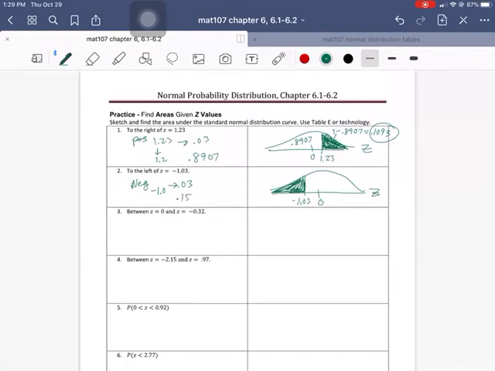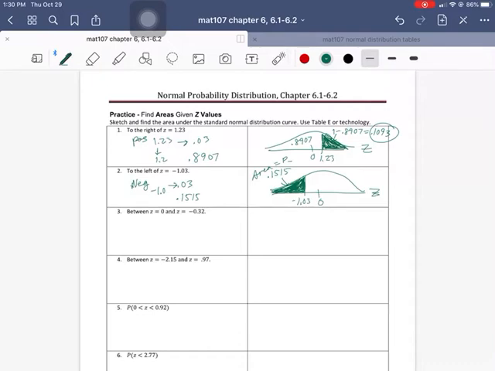And I'm going to see 0.1515. So right there is 0.1515. That's the area or the p-value. Cumulative area, the probability, the percent chance that one of your data points is over there.